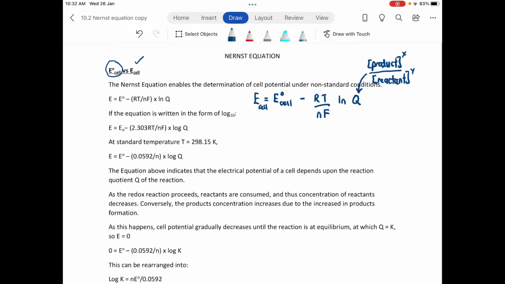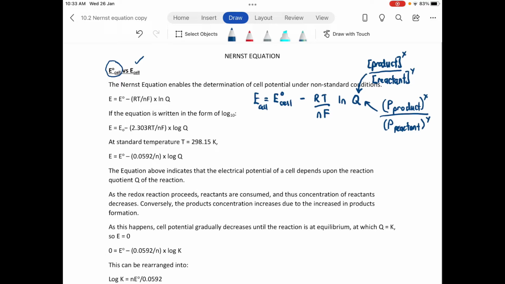If the product and reactant exist in the form of gas, we will measure using partial pressure: partial pressure of product to the power of its stoichiometric coefficient over partial pressure of reactant to the power of its stoichiometric coefficient.